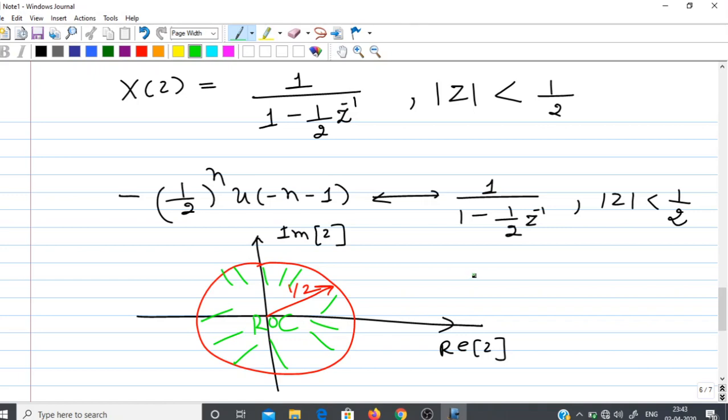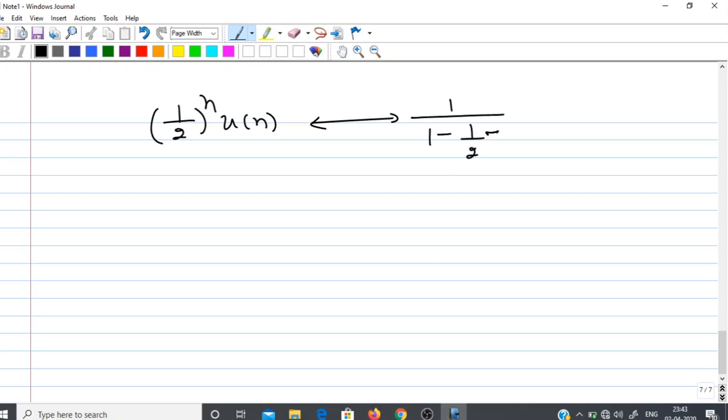Now if you compare the Z transform of these two sequences, which two sequences? In the previous lecture we saw the Z transform of the sequence half to the power n u of n, and we obtained 1 upon 1 minus half z inverse for mod z greater than half.